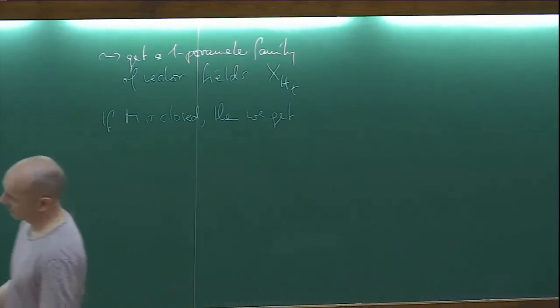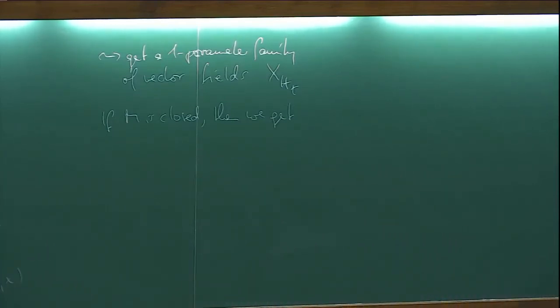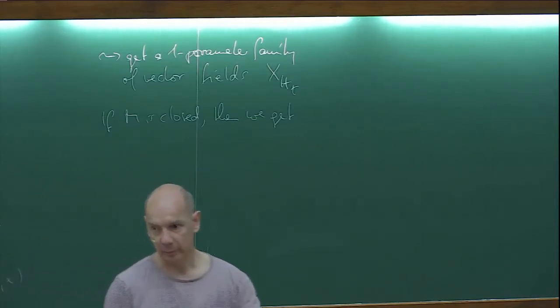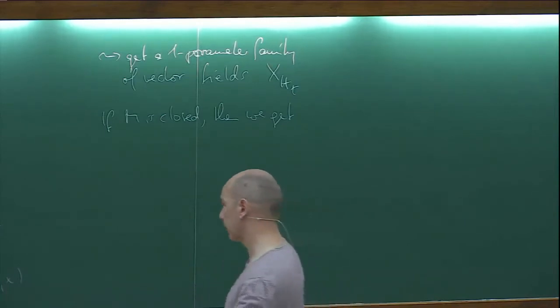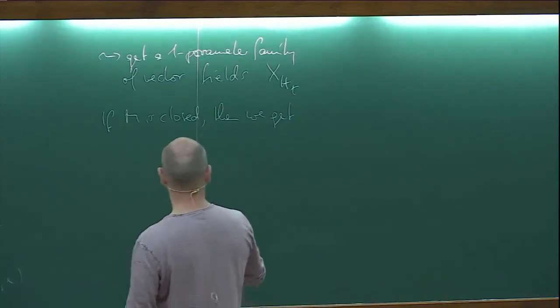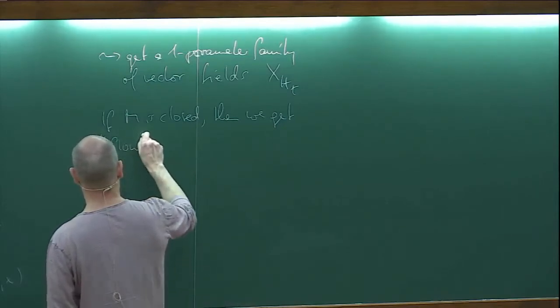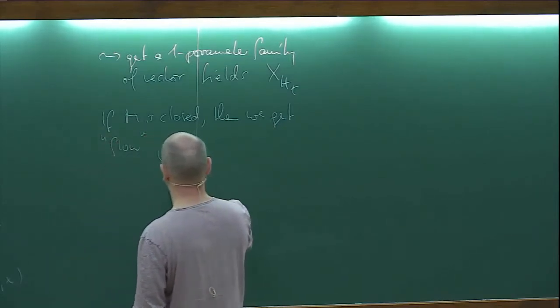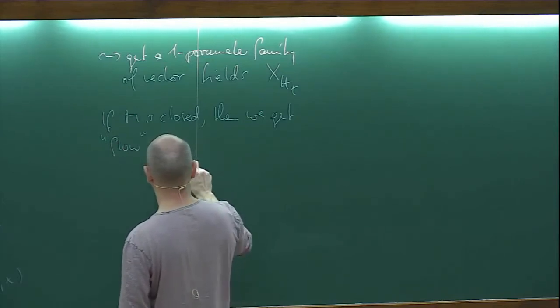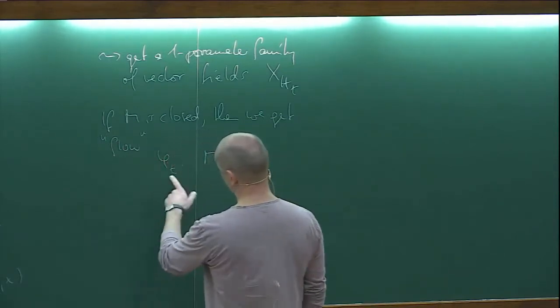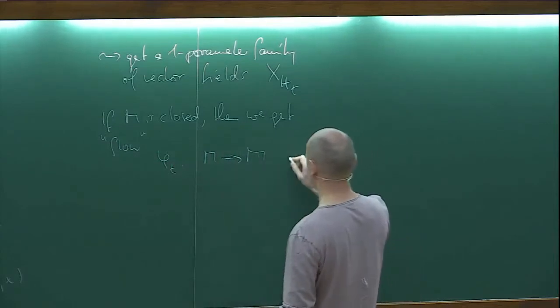For a flow, it still solves this equation now with X_H replaced by X_{H_t}, but it doesn't have the flow property that it's a homomorphism from R into the diffeomorphism group, right? So that is lost, but still we get the flow phi_t. So for each t, we get a map from M to M.